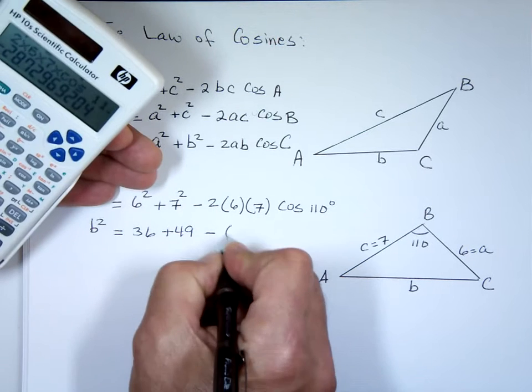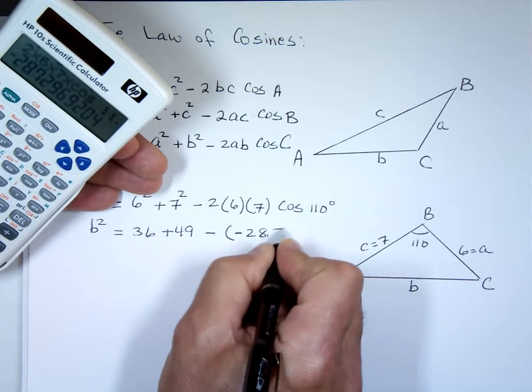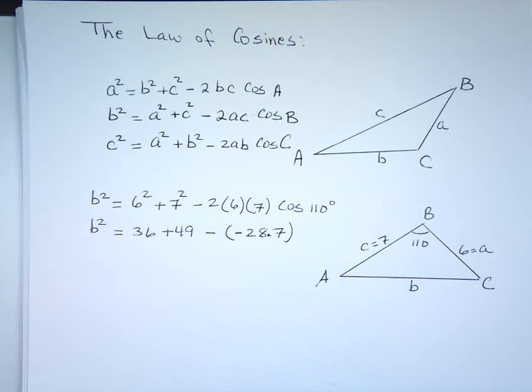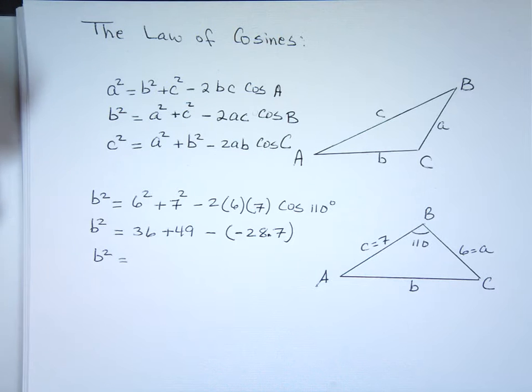That's a negative 28.7. Minus a minus will make it a plus. 36 plus 49 plus 28.7.